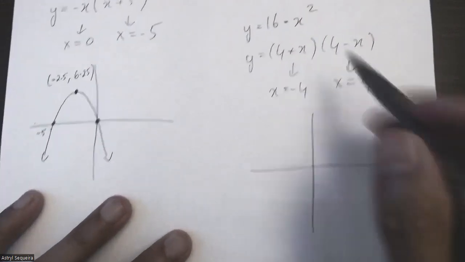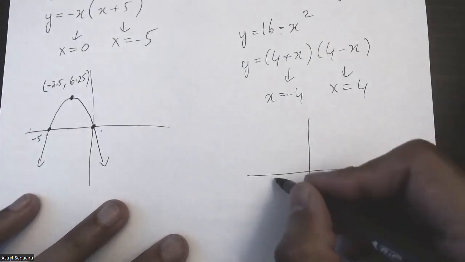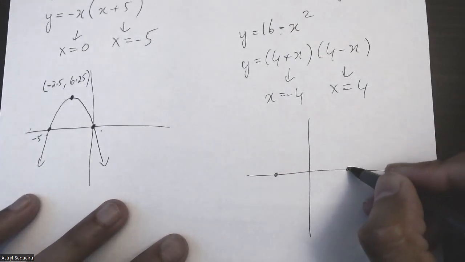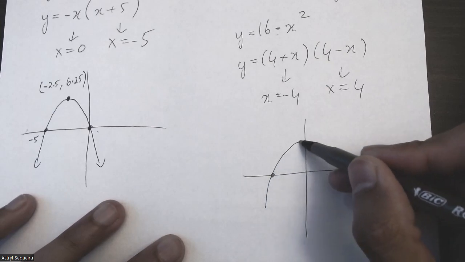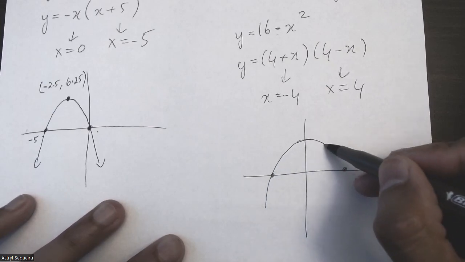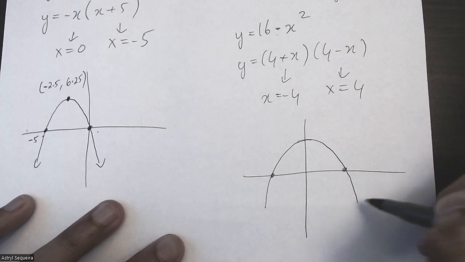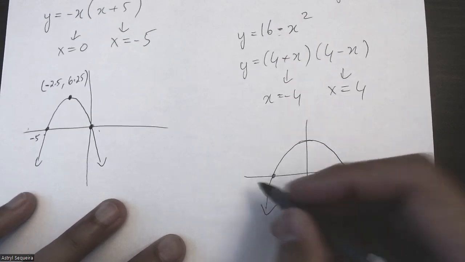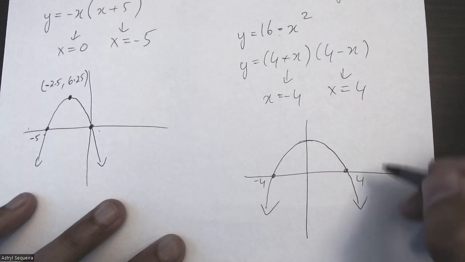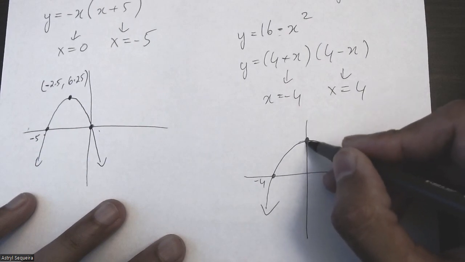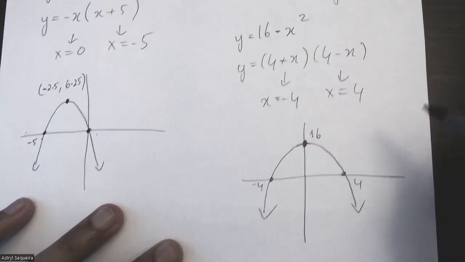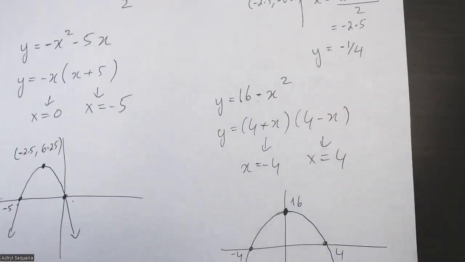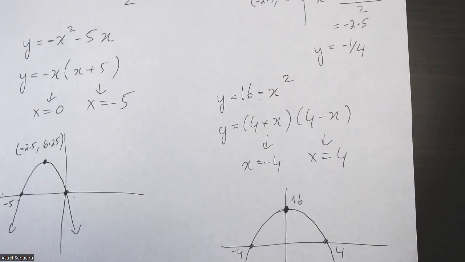And sketch it out. It's again a negative equation because it's negative x squared. So negative 4, positive 4, vertex will be directly in the middle, which is going to be the same as the y-intercept. That's what happens when you do difference of squares. Your vertex is always the same as the y-intercept. Negative 4, positive 4. I don't even need to do the calculation. I know the midpoint is right there of those two, and the y value is going to be 16 because that's the c value in the equation.